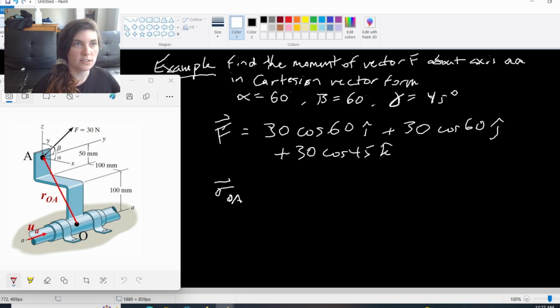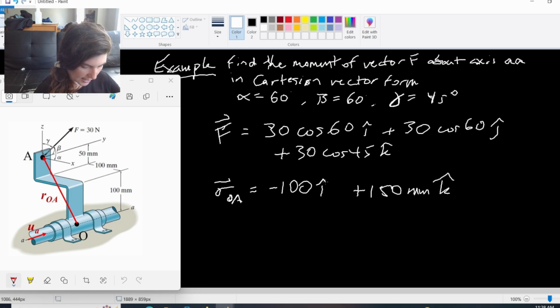So if we look at this, we're going up, which is the z direction, by 150 millimeters, in the k hat direction. And then we're going backwards in the x direction by 100 millimeters.